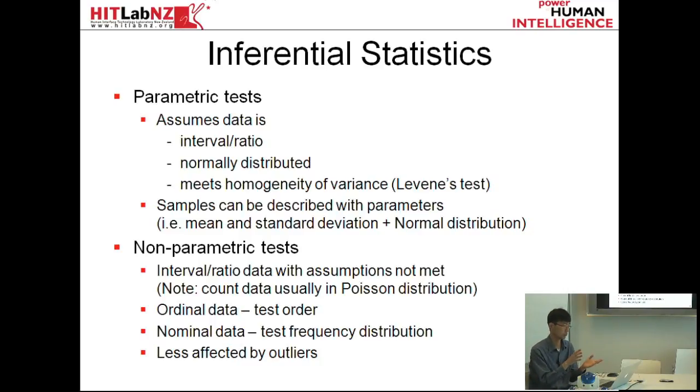But if it's either ordinal data or nominal data, or even interval ratio data that's not normally distributed, then you cannot use parametric test, because parametric tests all assume that you can pretty much reconstruct the sample based on the parameters given, which are mean and standard deviation.